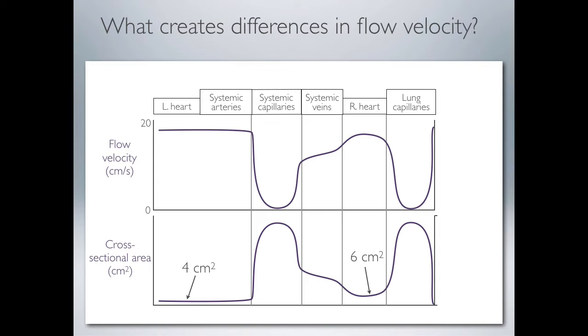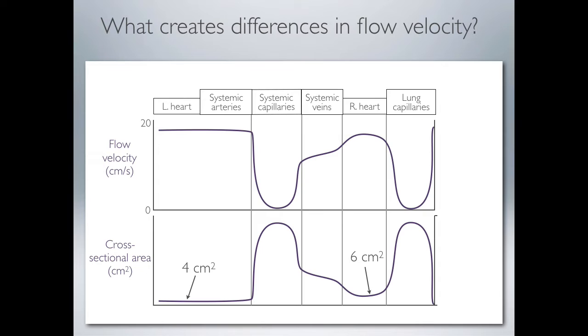The cross-section of this chamber is smaller in the left ventricle than the right ventricle. As a consequence, the blood flow is higher than in the right ventricle. So I did actually say it backwards, because you have a higher velocity because of the smaller cross-section, not because of pressure.